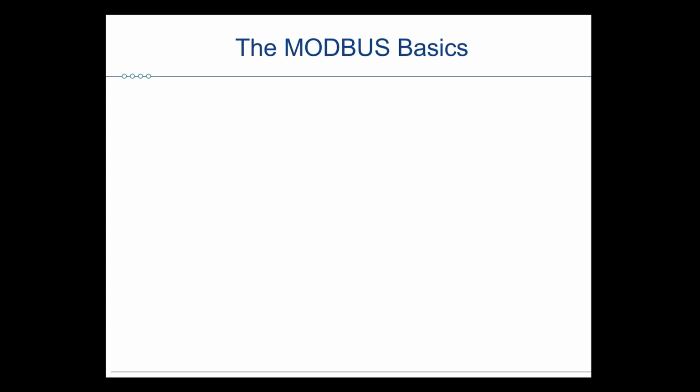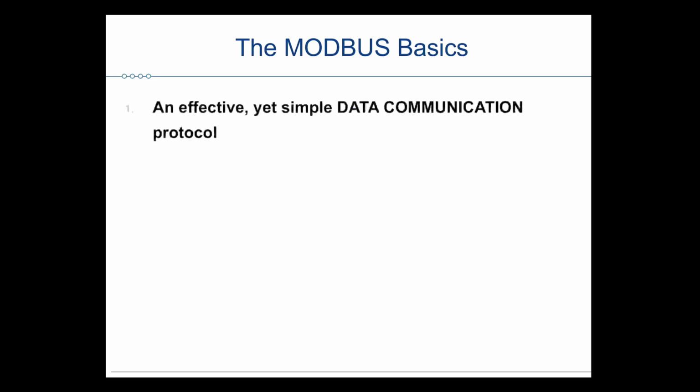Okay, when it comes to the Modbus basics, Modbus is popular for being a simple and easy to understand, to train, to configure protocol. So it's very effective in that way. It lacks a lot of things as far as a SCADA protocol goes, but with the kind of bandwidth we have to work with these days, being very cost-effective for high bandwidth connections, we still see Modbus used a lot.